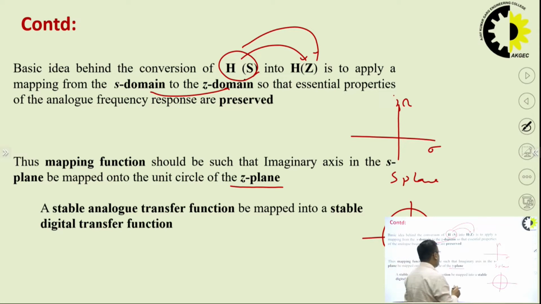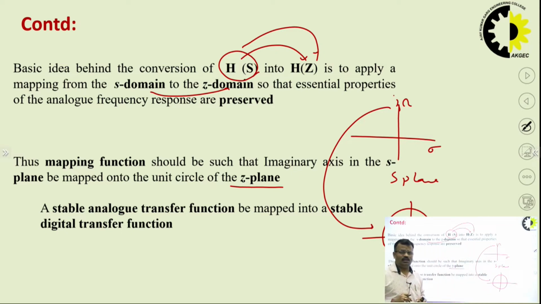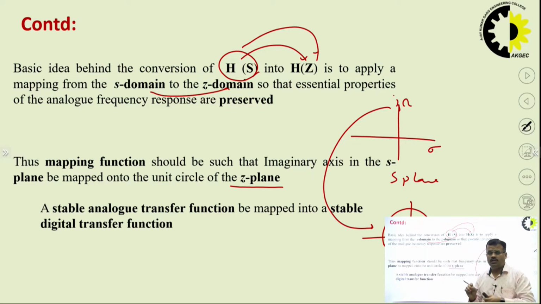So, you are mapping this S plane into the Z plane, and generally you have to achieve a stable analog transfer function into a stable digital transfer function.